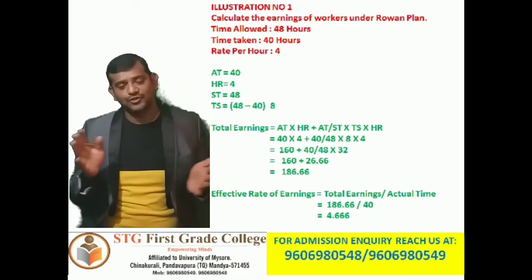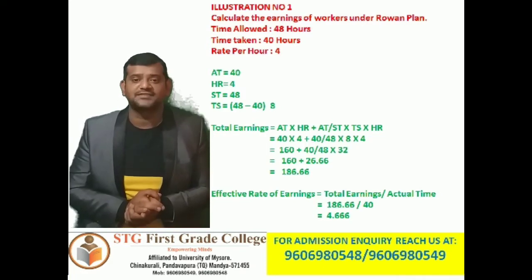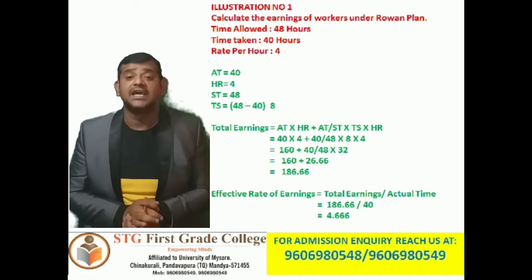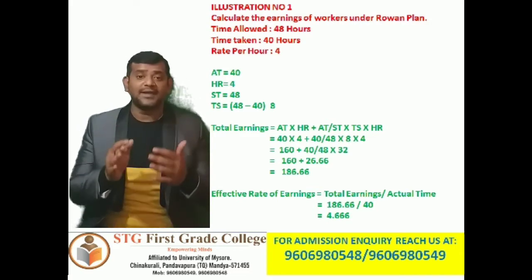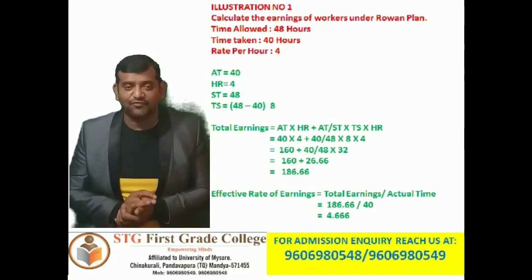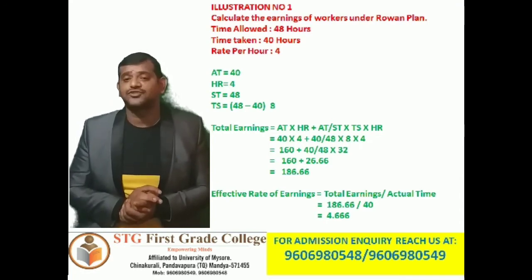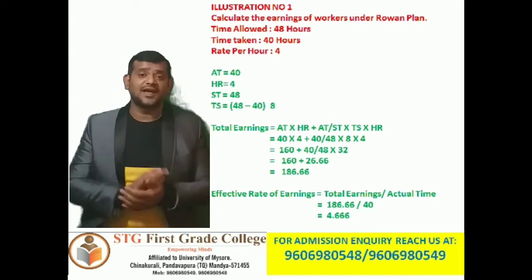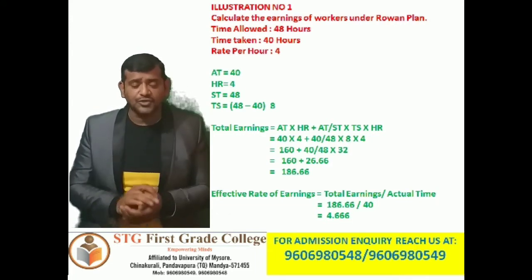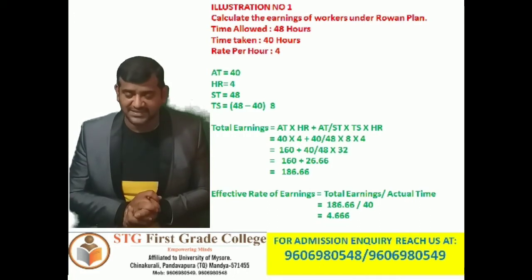First multiply as usual, same method. 4 fours are 16, so 160, plus 40 divided by 48 into 8 fours are 32. That comes to 160 rupees plus 26 rupees 66 paise. So total earning of a worker is 186 rupees 66 paise.